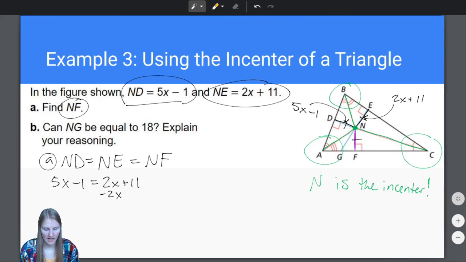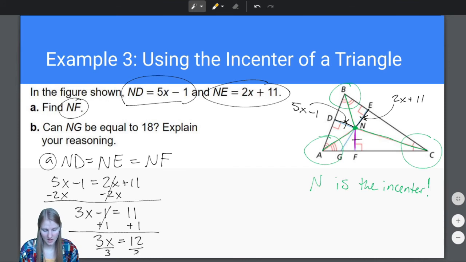I'm going to subtract 2x from both sides. We get that 3x minus 1 is equal to 11. Add 1 to both sides. 3x is equal to 12. Divide by 3 on both sides. And x is equal to 4.